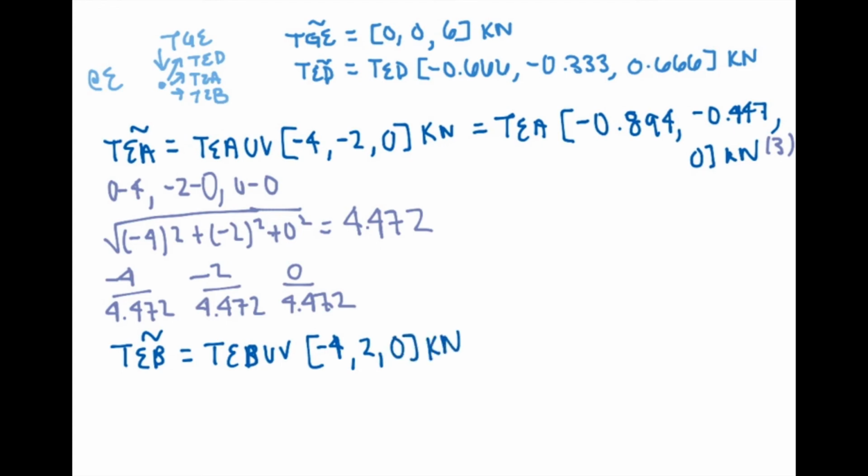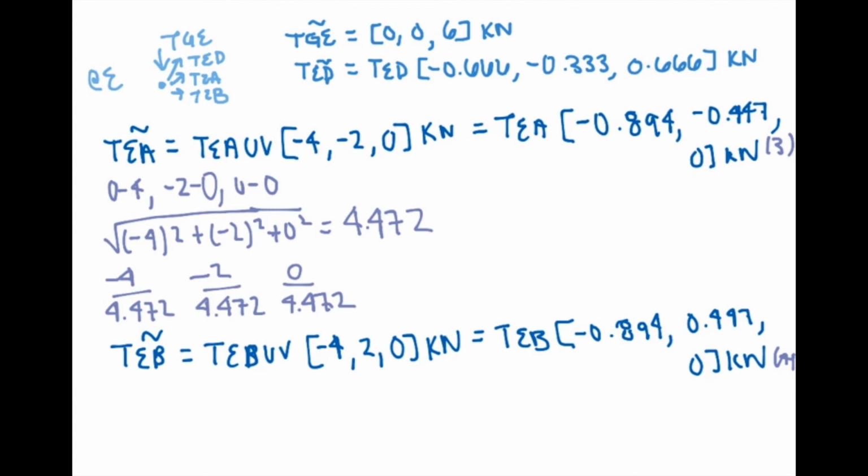Using what we just solved from above, we can determine that it's going to be TEB negative 0.894, positive 0.447, again 0 kilonewtons, with this being our fourth equation. And the reason why we skipped all the extra information is because we just previously solved it, and if you use some deductive reasoning, you can determine that they're going to be the same numbers, except in the J direction, this TEB is going to be positive instead of negative.